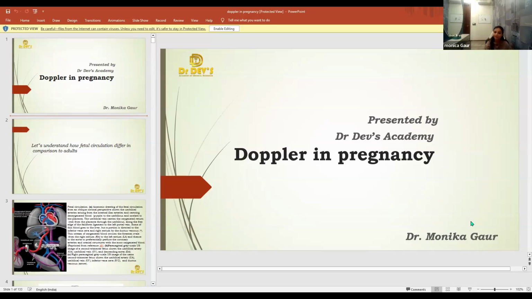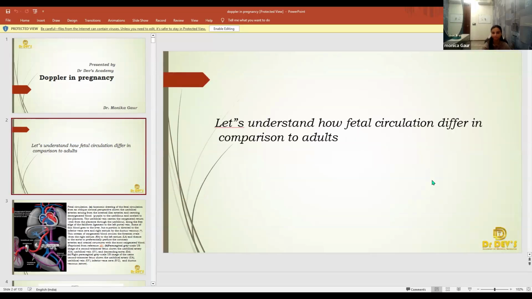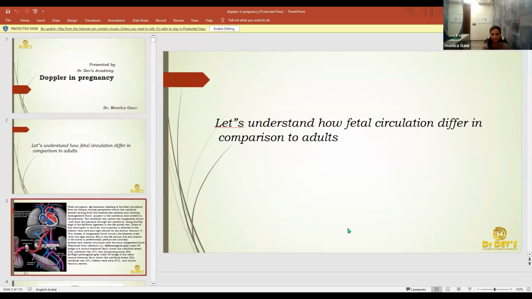But in fetal circulation, it's a kind of tricky situation. So let's understand how fetal circulation differs from adults, because this is something we need to know, and only then can we go forward with the pathologies or the physiologies.